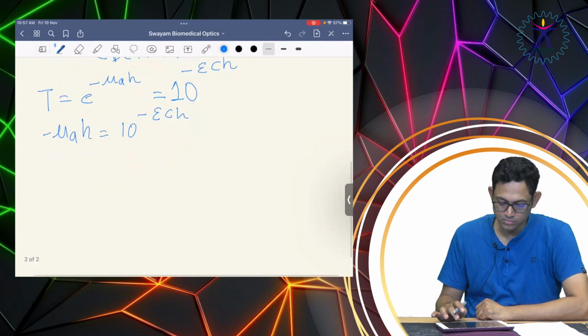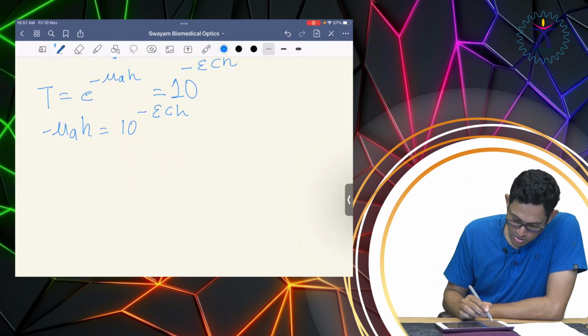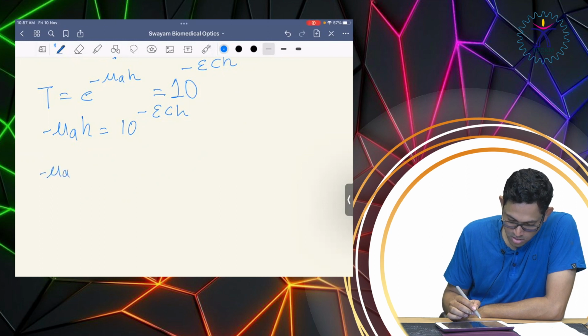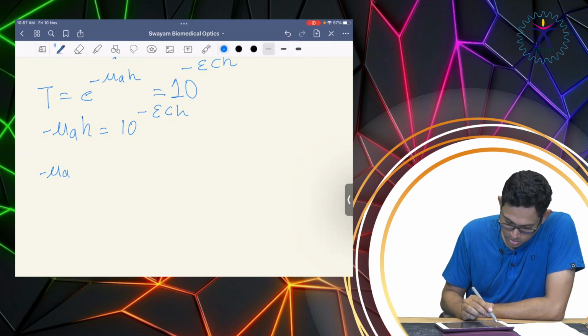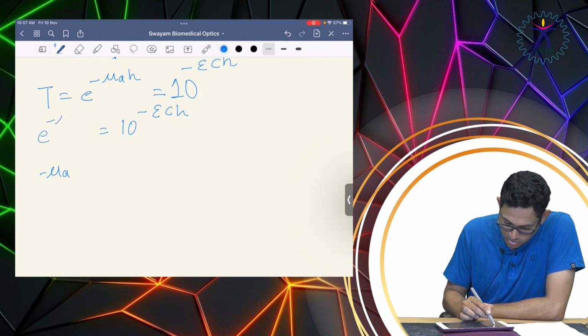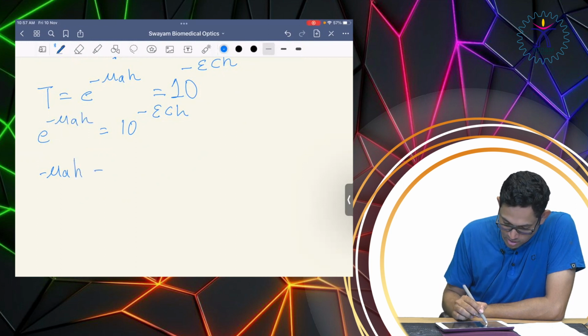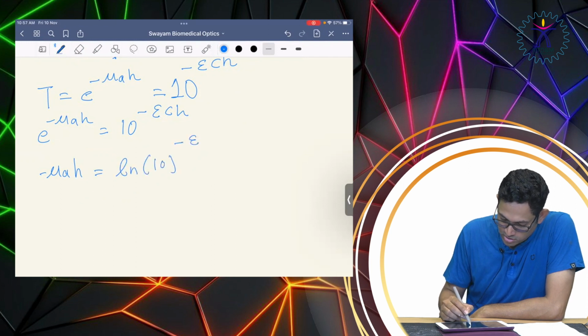Now I can take the logarithm on both sides. Let me write it again: exponential of minus mu a h equals 10 power minus epsilon c h. Taking the natural log, I write ln of 10 times epsilon c h.